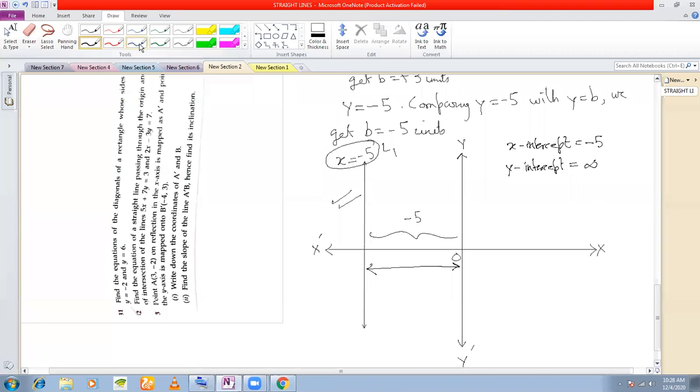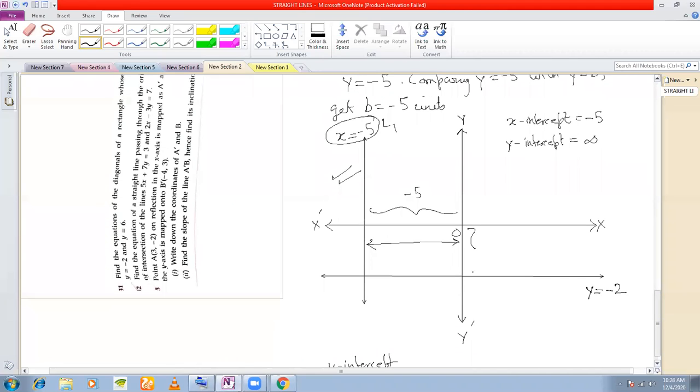Suppose I take a straight line like this, and suppose the equation of this straight line is y is equal to, since this is parallel to the x-axis, say minus 2. Then this distance is your minus 2. So in this case, the y-intercept is minus 2.